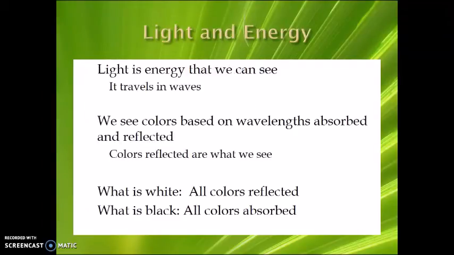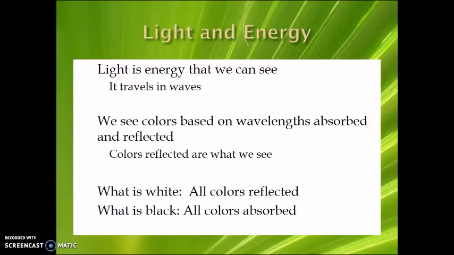So now we need to understand how light works before we can really understand photosynthesis. So light is energy. Energy travels in waves, up and down as it travels. Now, our eyes can detect the level of that energy. And what our eyes do for us is it interprets the level of energy as colors.